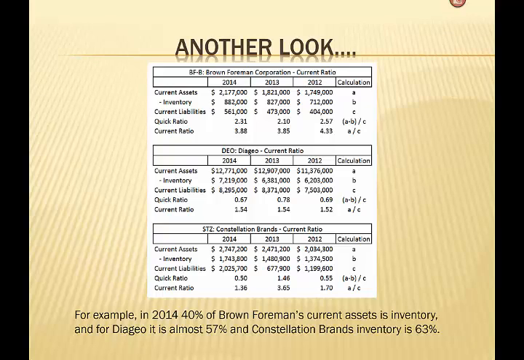For them, in 2014, we have 2,747, subtracting out inventory of 1,743, current liabilities of 2,025. We've calculated a current ratio for them of 1.36, 3.65, 1.7, but their quick ratio is also showing that anomaly in 2013. And again, that's something that we would want to take a look at as to what is causing that to happen.